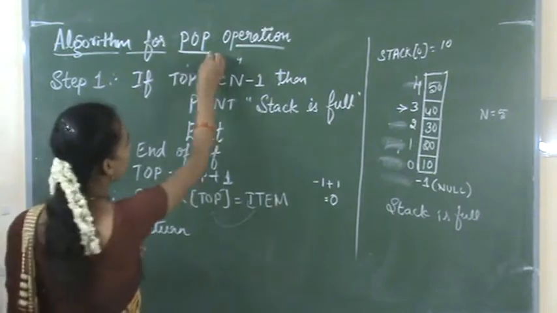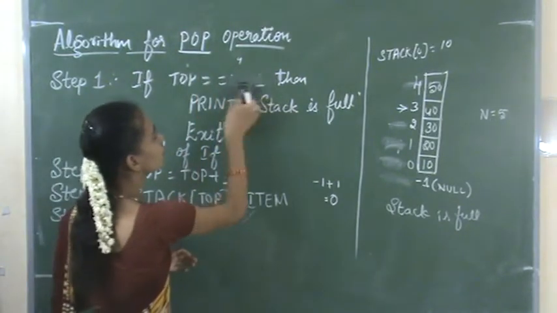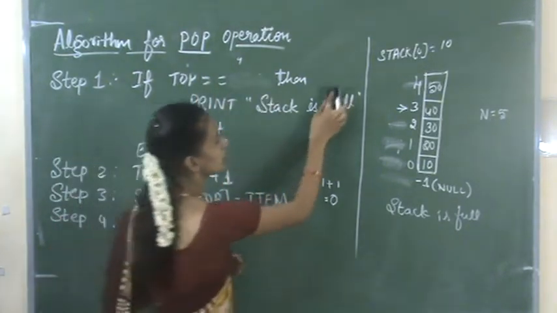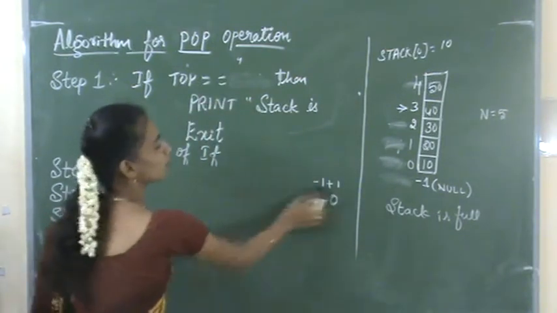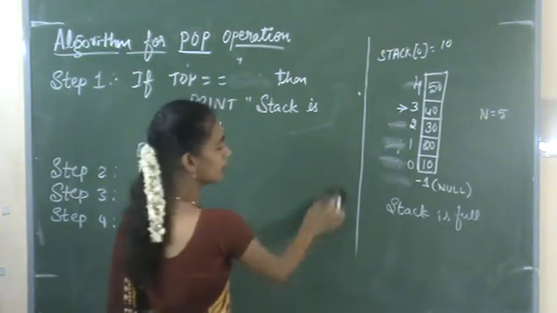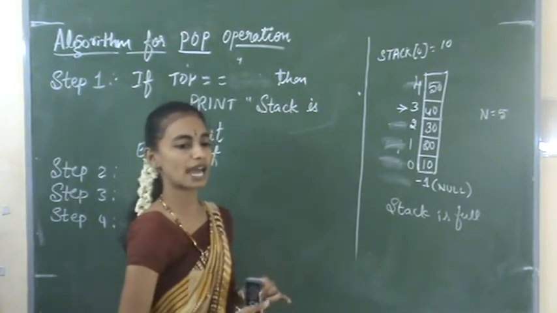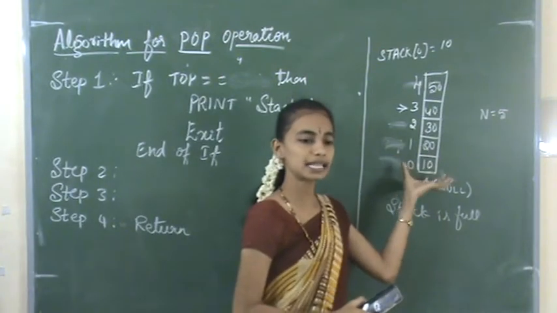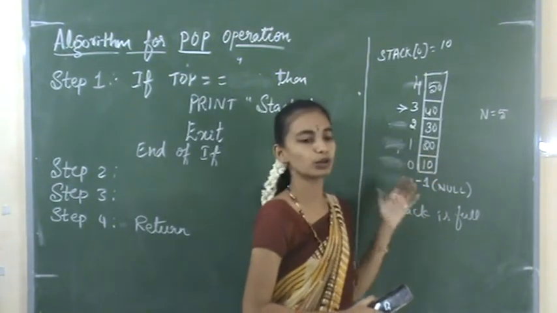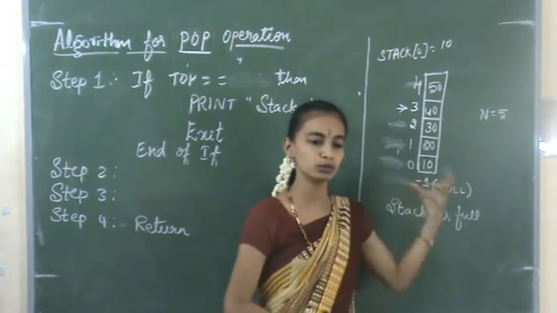So in the pop function, if we want to delete or remove an element from the top of the stack, the stack must contain elements. If the stack is empty, can we remove elements?